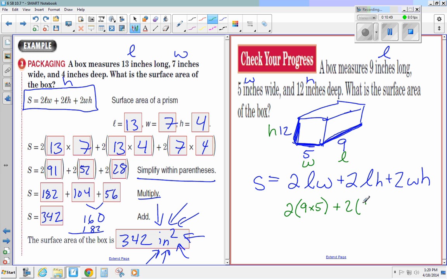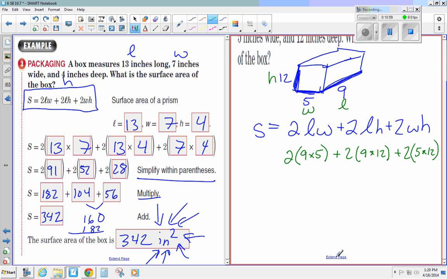It's a matter of simplification now. 9 times 5 is 45. 9 times 12 is 108.